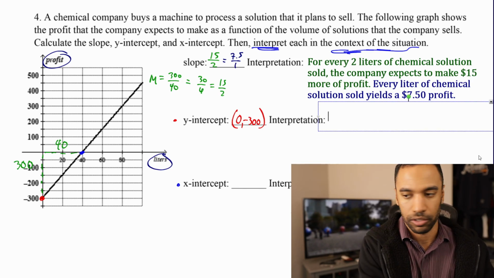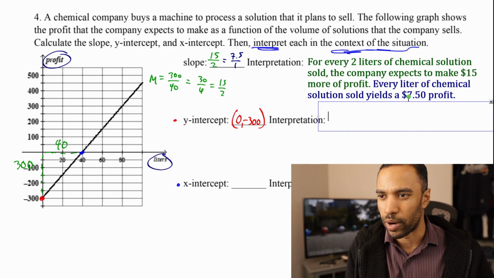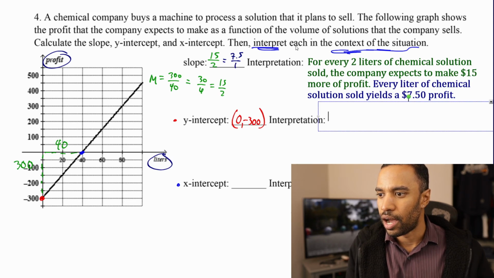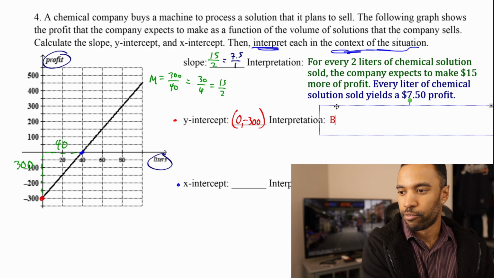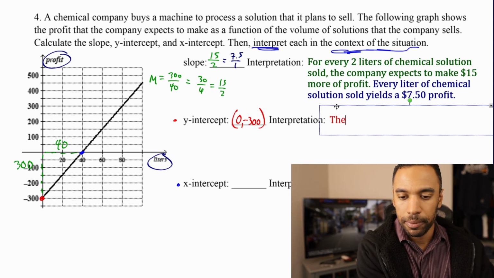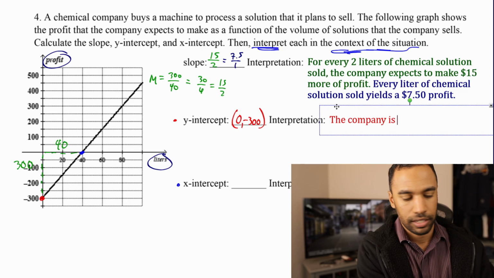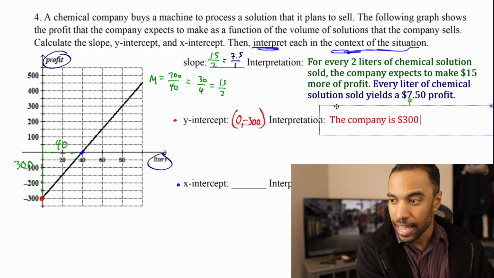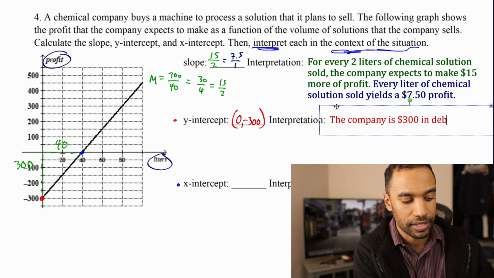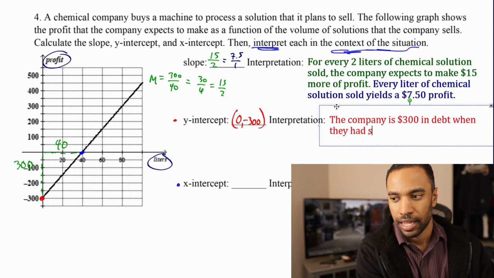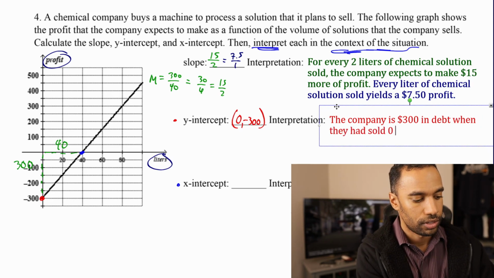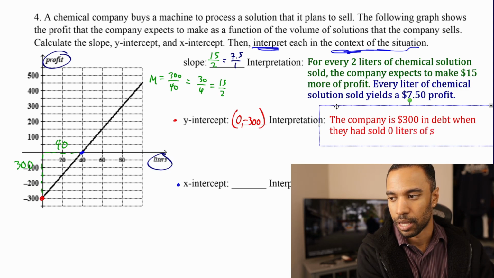And what this point here tells you is, let's use red. Sorry, I want to change my color. What this point tells you is that the company is $300 in debt. It's good that I used red, I guess. The company's $300 in debt when they had sold 0 liters of chemical solution.